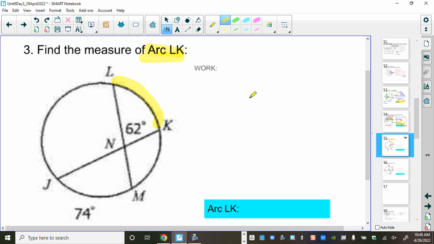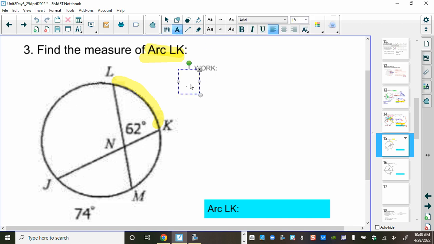Now, we do know a couple things. For your sum of your two arcs, I would label it as arc 1 plus arc 2.